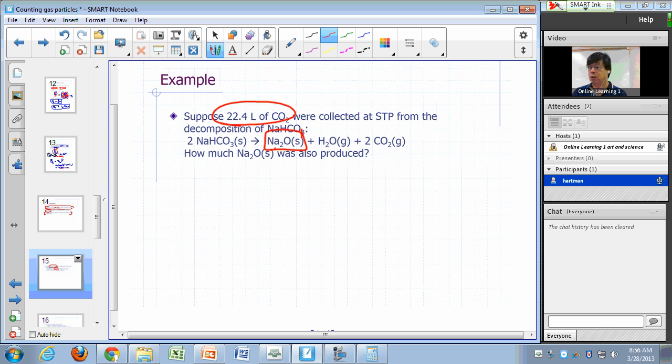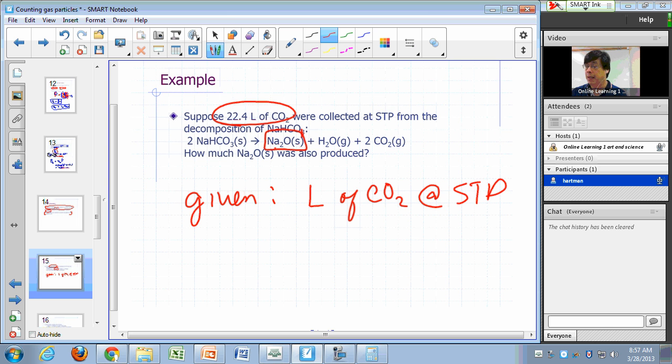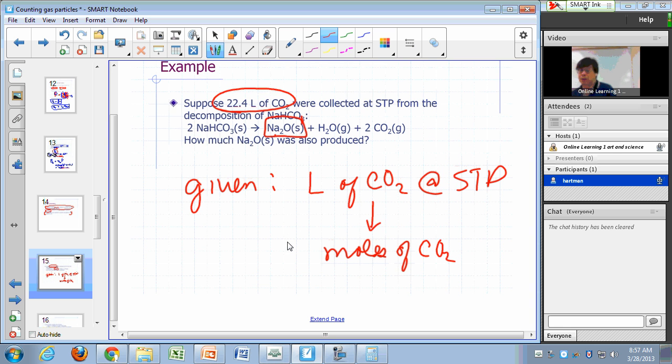Okay, so if I want to know, what am I given? Liters of CO2 at STP. By now you should be able to figure out moles of CO2 from that one. What am I looking for?